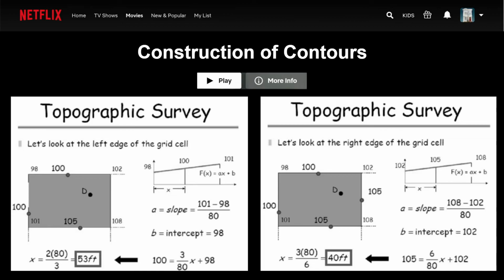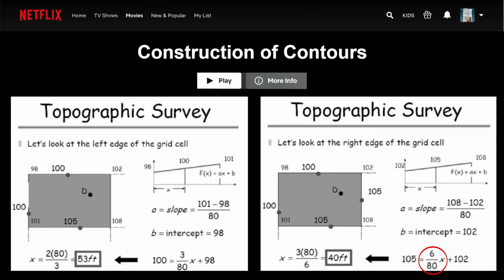If we equate for the slope and the intercept, we get 102 for the intercept because it is the top right corner of the grid cell, and we calculate the slope from the bottom right corner minus the top right corner over the 80 feet north.